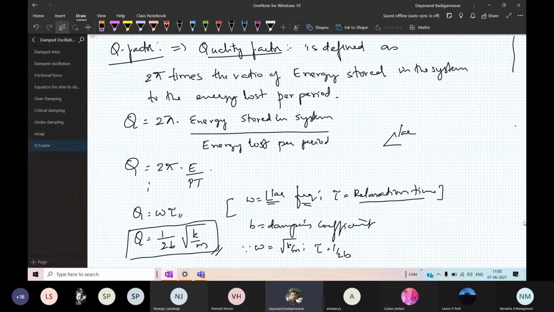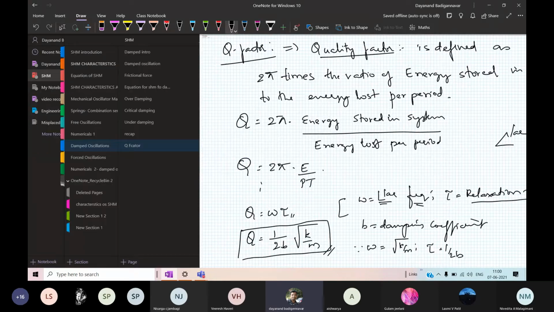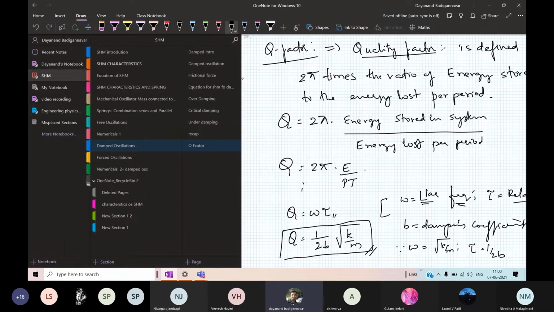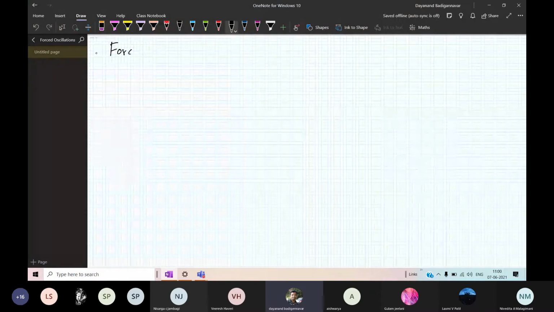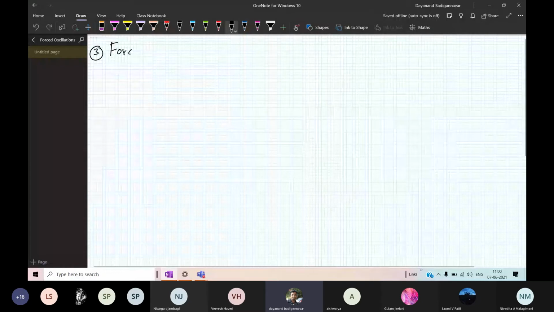Fine. Let us go for the next important topic, that is the forced oscillations. This is the third type of oscillation. In the earlier class, I told you that there are three types of oscillations.